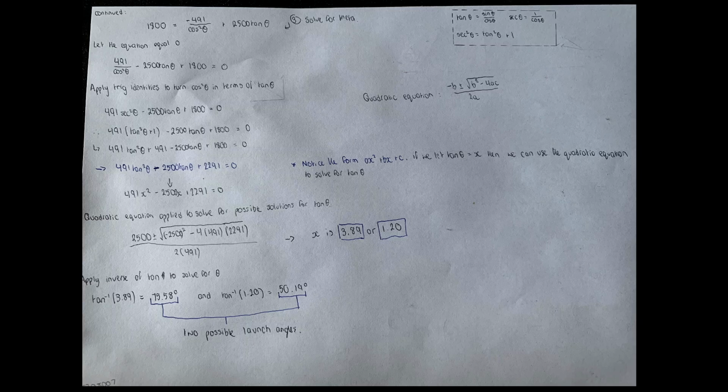Now we want to apply trig identities to turn cos squared theta into terms of tan theta. We can see from the top right corner of the box that sec theta is equal to 1 over cos theta, and we can apply that to the 491 to give us 491 sec squared theta minus 2500 tan theta plus 1800 is equal to 0.